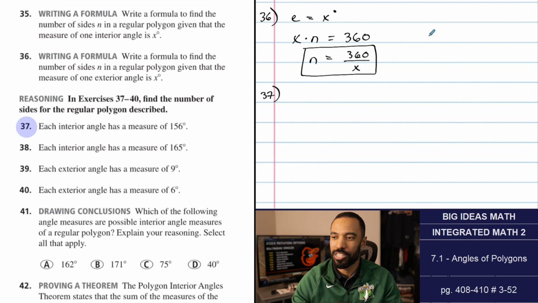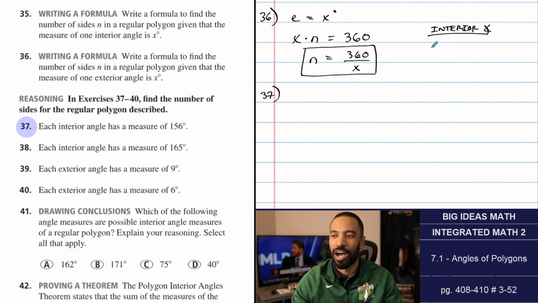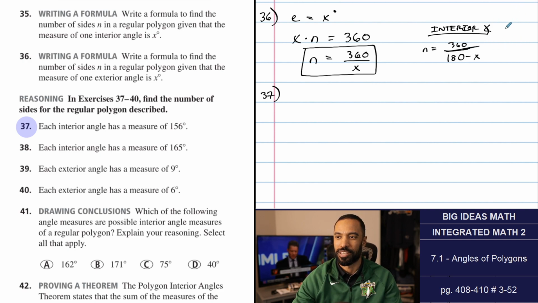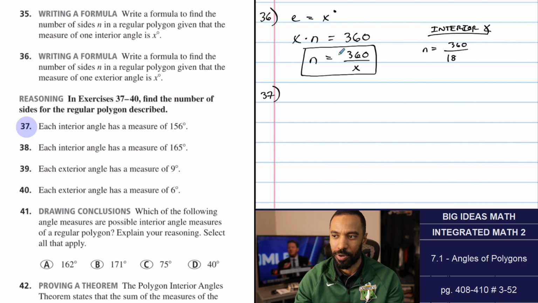So for interior, given an interior angle, because otherwise I was going to go, let's see, we do this, we do that. It was n equals 360 over 180 minus x. Now I put x, because they said x. I was going to say, let's put I. But okay, so they said x. That's fine. And then here's the exterior one.